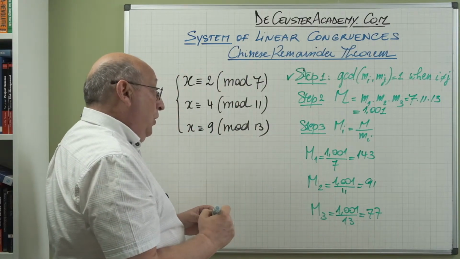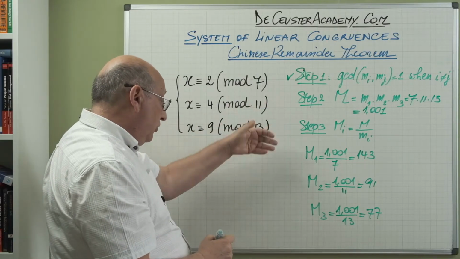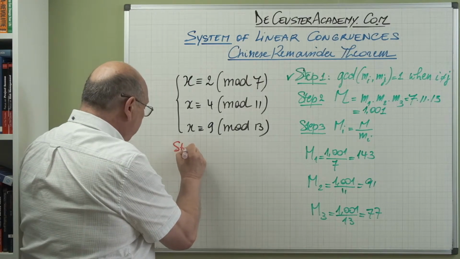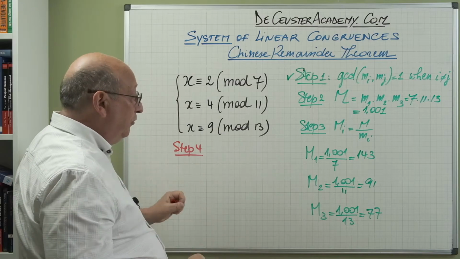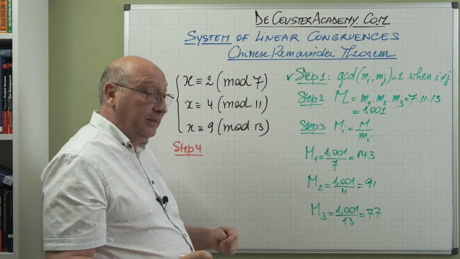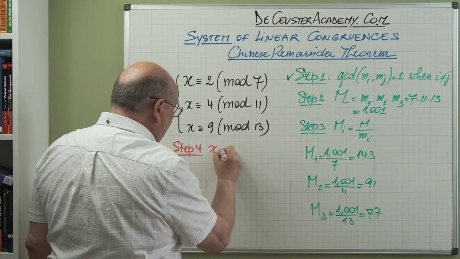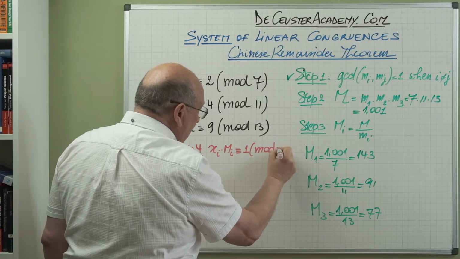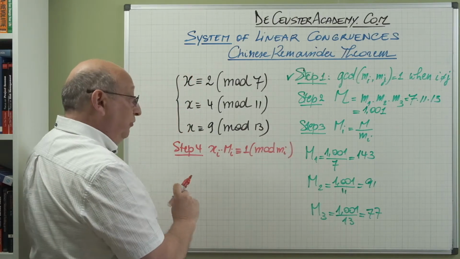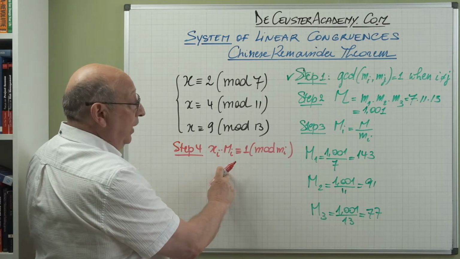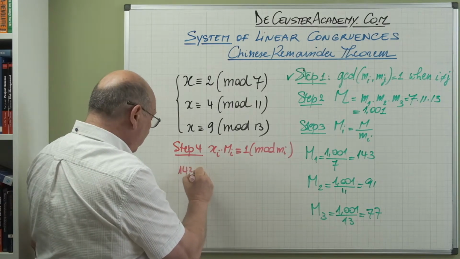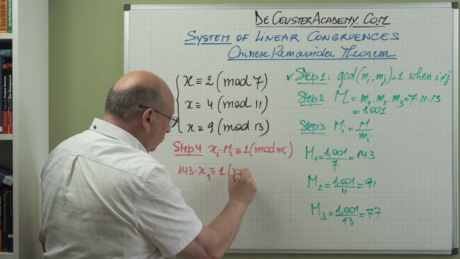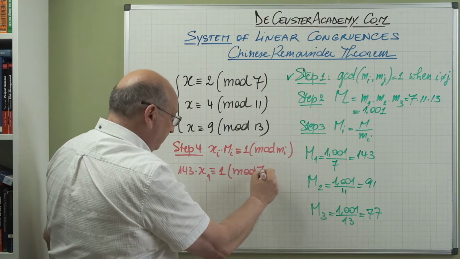Based on the elements that we find here, we can write in step 4 the equations to find x1, x2 and x3. So here we can write xi times Mi is congruent with 1 modulus mi. When we look at the first equation, we have 143 times x1 is congruent with 1 modulus 7.